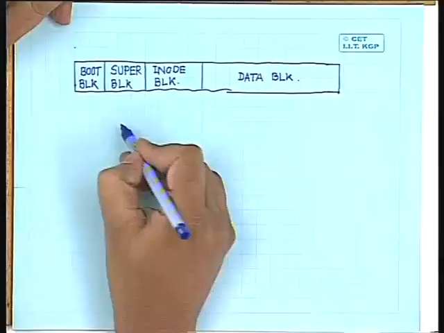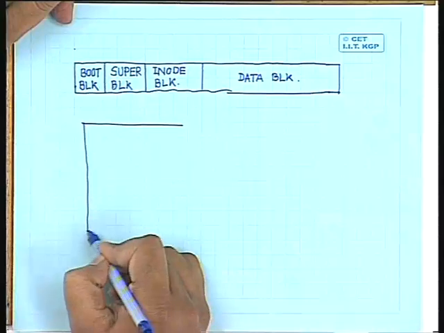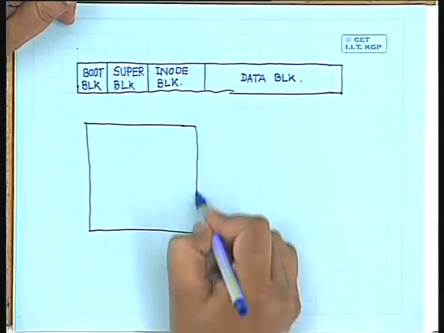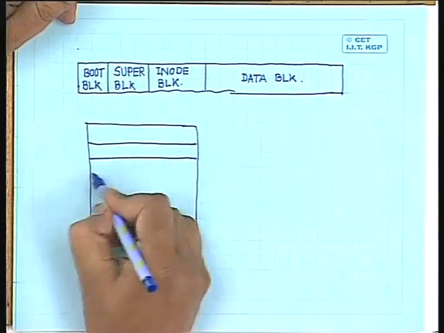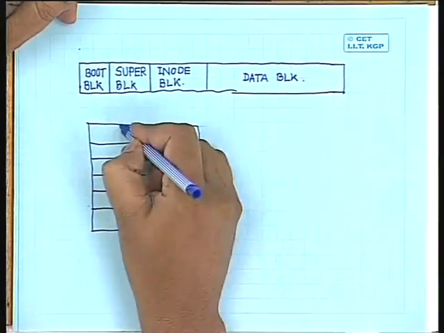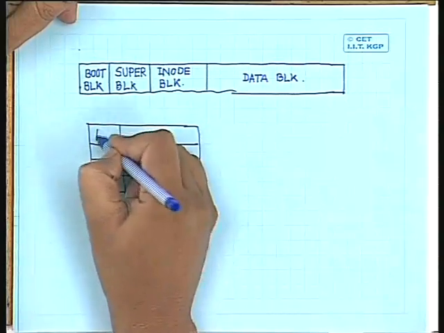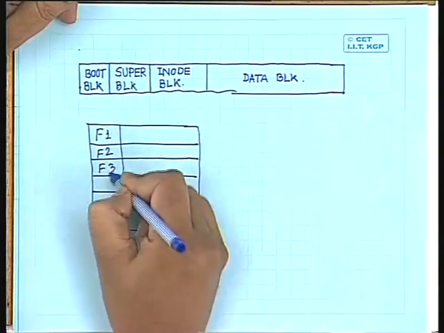So it can be something like this. I have a table, and in this table I store a list of files. So I can have files say F1, F2, F3, and so on.